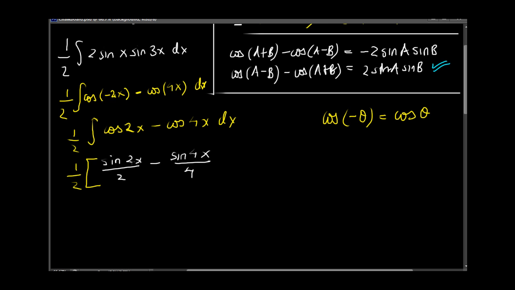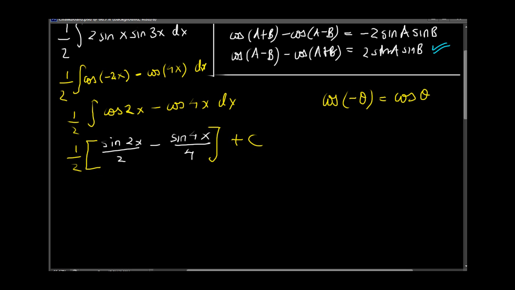If you differentiate sine of 2x, you get cosine of 2x times 2, but the 2's cancel out and you get cosine of 2x. So that kind of works out. So this is a plus c here, and there you go, we have just solved the problem. This is our final answer.